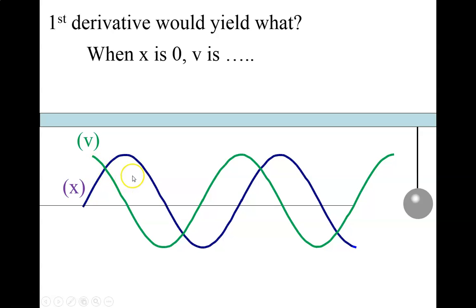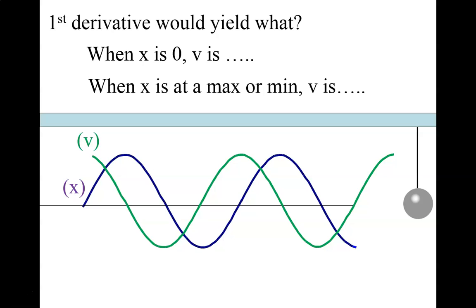And some interesting points. When x is 0, when our displacement is 0, notice our velocity is at its maximum. That basically means that when the car was at its equilibrium position, or its displacement was 0, its kinetic energy, its velocity, was the highest, which is what we've seen from before.